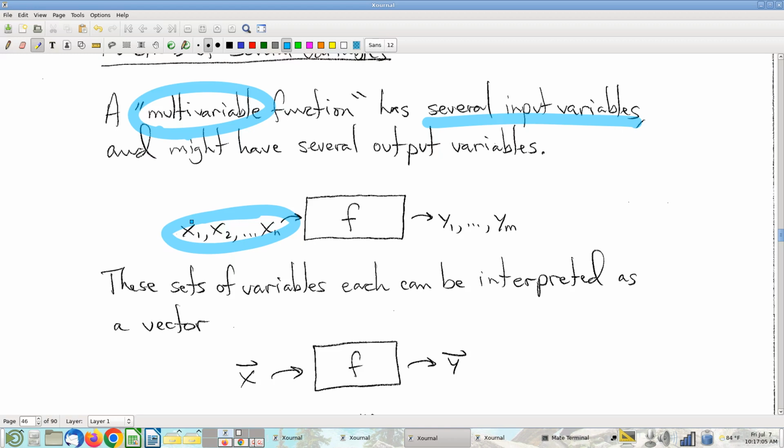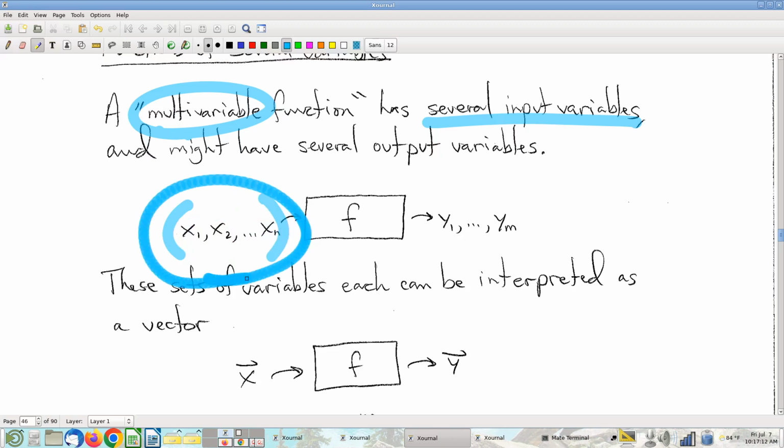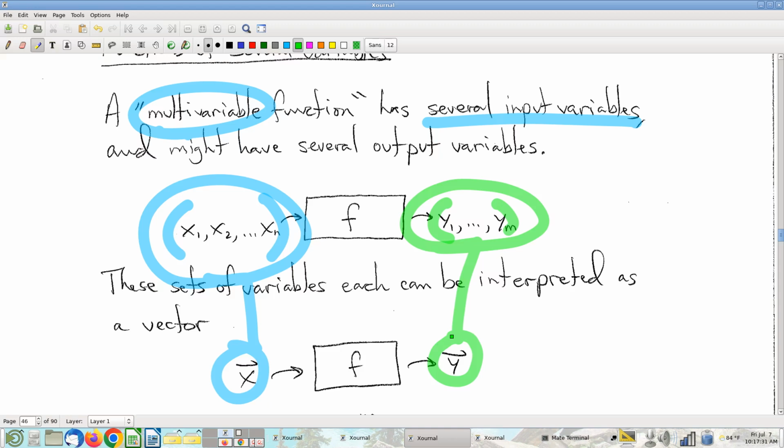Now, of course, notice a list of several numbers is, in fact, also a vector. So this is an alternative way to think of a multivariable function. You can think of it as something where a vector goes in and then stuff comes out. Now, again, that stuff that comes out, you can think of as being several variables, or you can think of all those several variables as defining a vector that comes out. Take your pick. Okay. Nice to be able to think about it from both points of view.